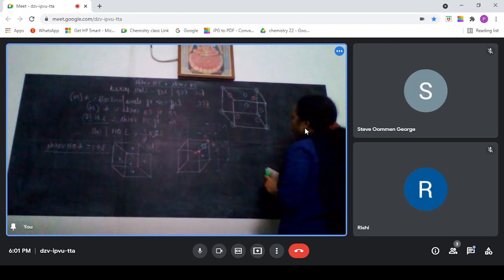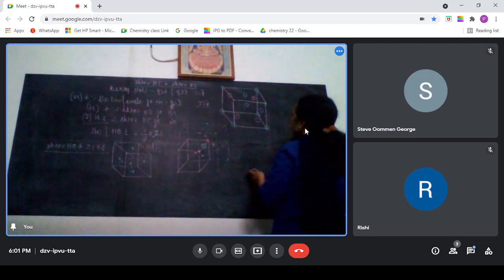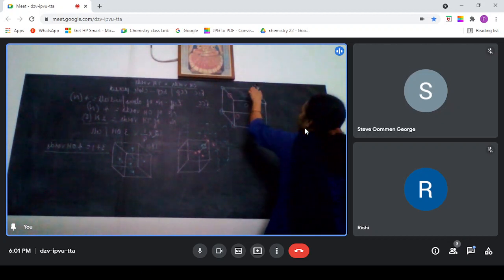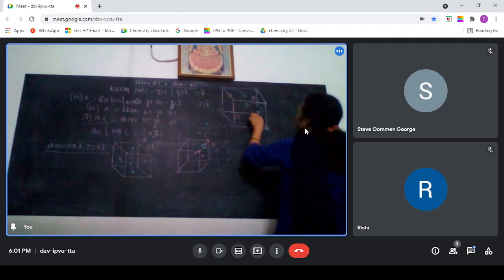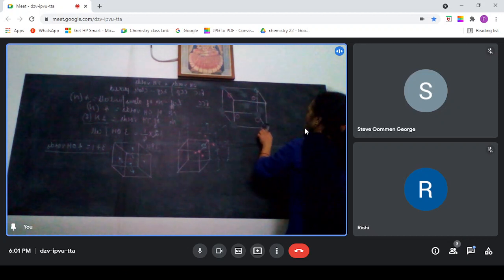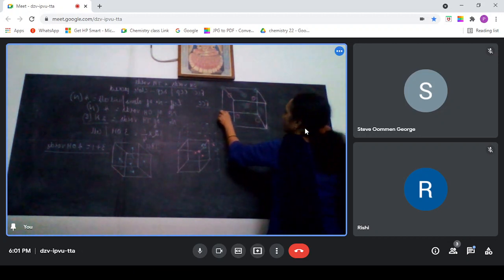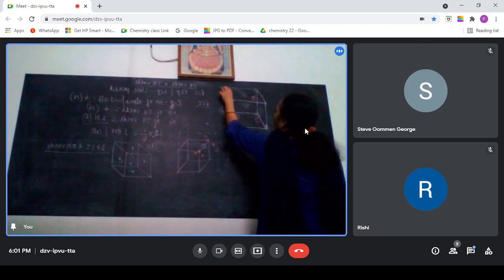If I erase these things, you will understand. I will remove the particles and show only the tetrahedral voids. That will be more clear. Now you know where the particles will be, so you don't have to learn that. I will show you only where the tetrahedral voids are.